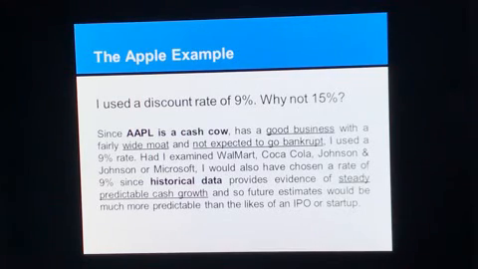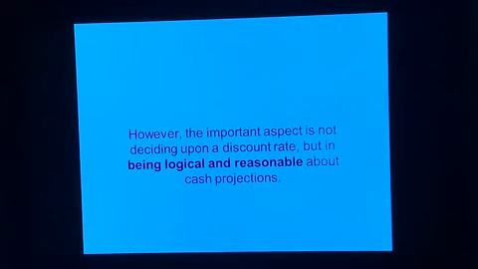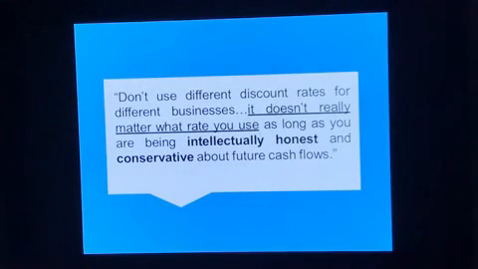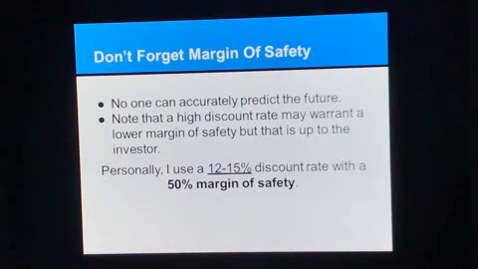So in that particular case, we can use a 9% rate but not a 15% rate. However, the important aspect is not deciding upon a discount rate, but being logical and reasonable about the cash projections. So we will not use different discount rates for different businesses. Normally we use a standardized discount rate for all kinds of businesses.